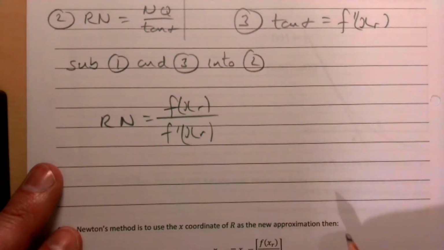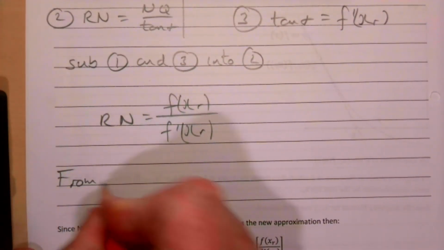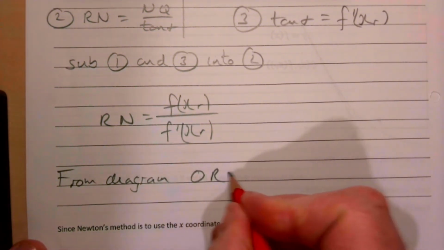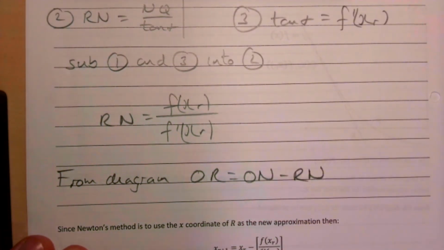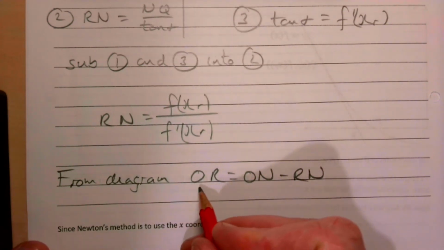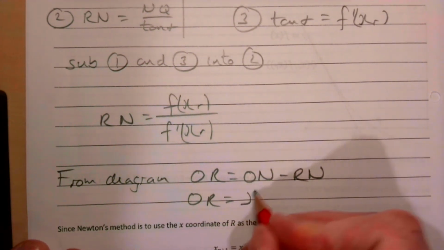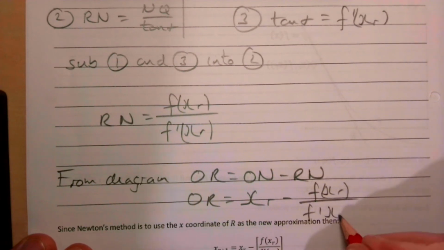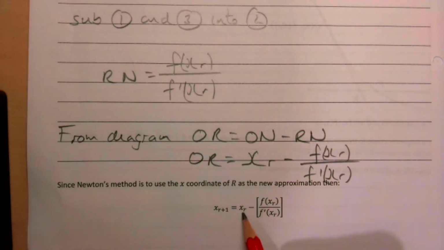So from the diagram, OR equals ON take away RN, and that means OR equals x_r minus f(x_r) all over f dash(x_r), and that is effectively our Newton-Raphson method as we work it out.